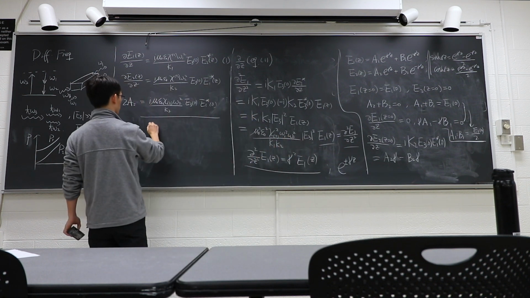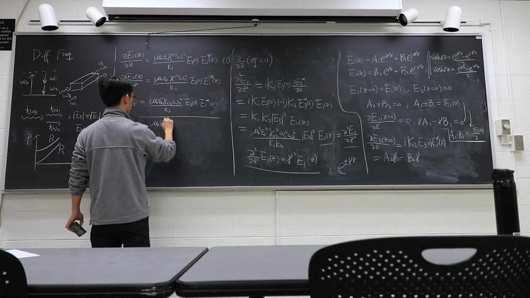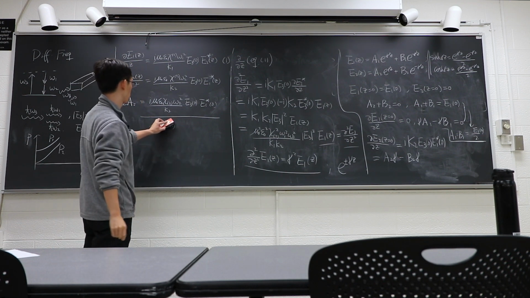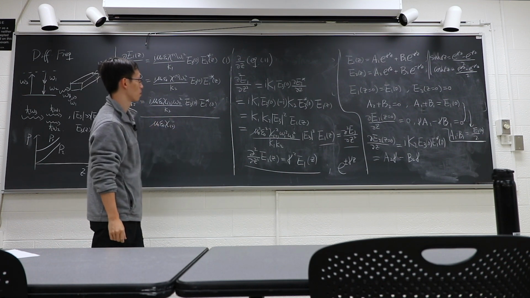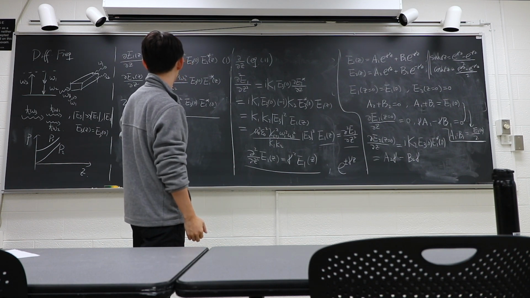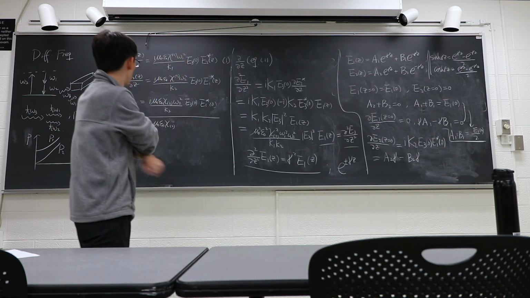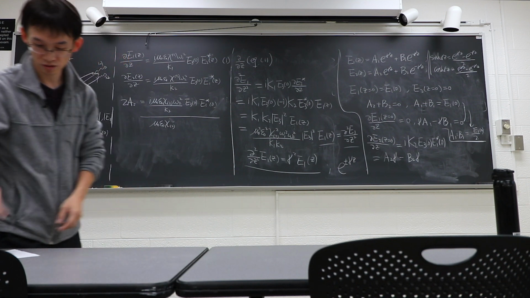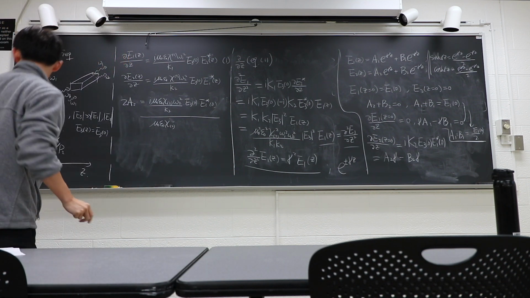Okay, so it's mu naught S. It's weird why K2 disappeared. Chi2.